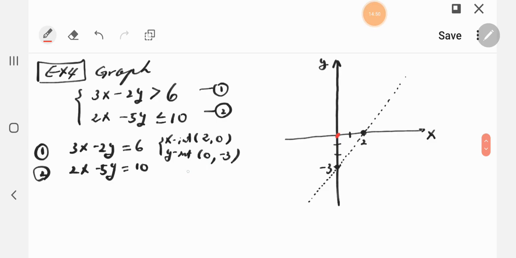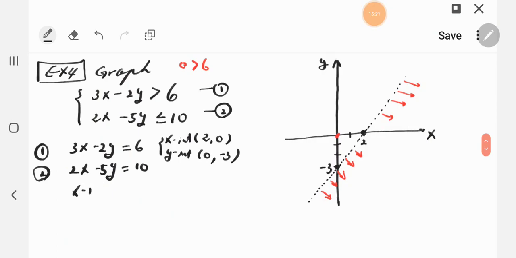From the original inequality here, 0 is greater than 6. This is false. So the solution will be below this line.